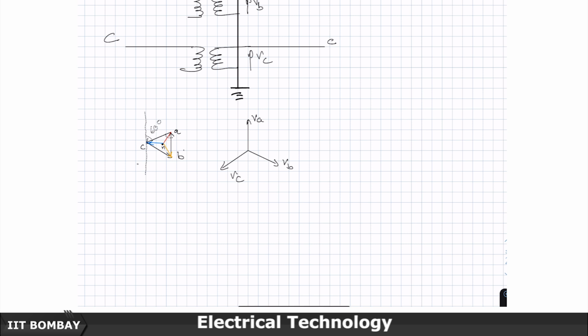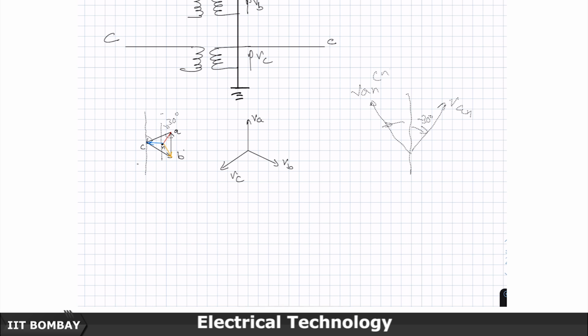Okay, now I am sitting here at minus 30 degrees. Basically I am sitting here at minus 30 degrees, but this VAN, which is sitting here at minus 30 degrees, I want to rotate it here.